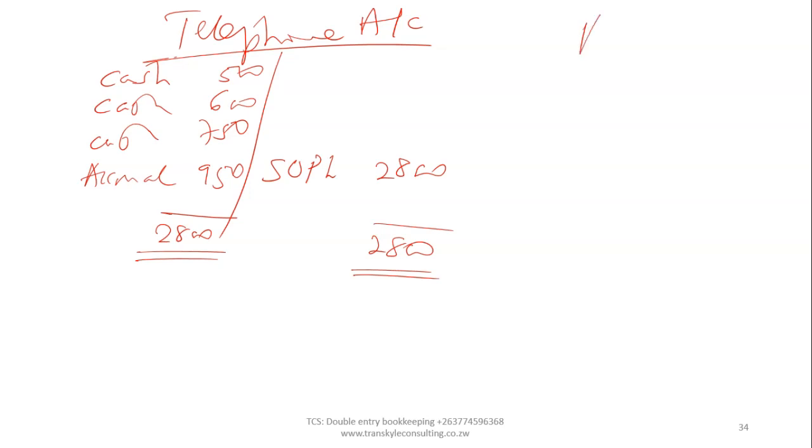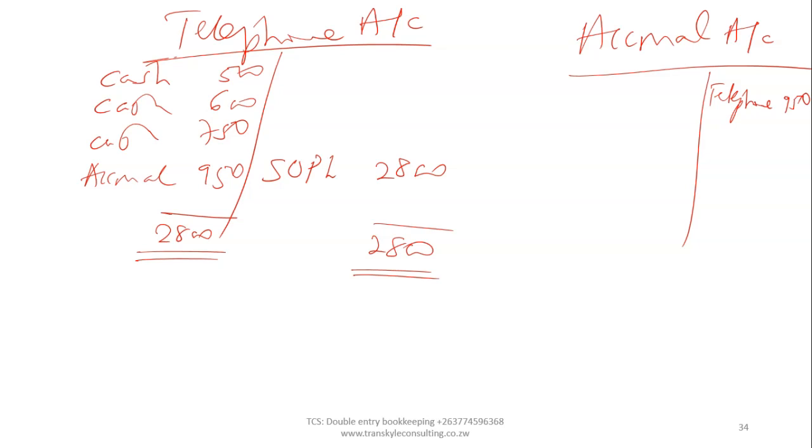Alright, and then we can come up with the accruals account. The accrual is a liability, so liabilities have a credit balance of 950. Why? Because this one is yet to be paid.